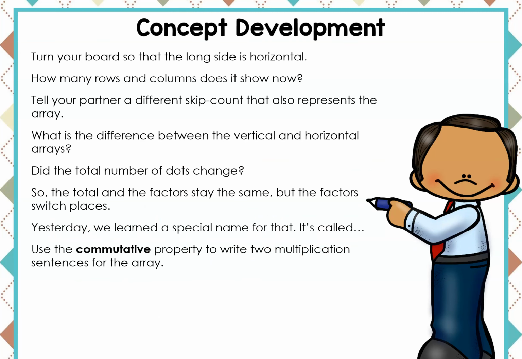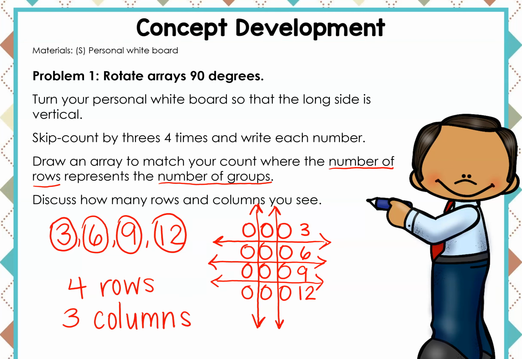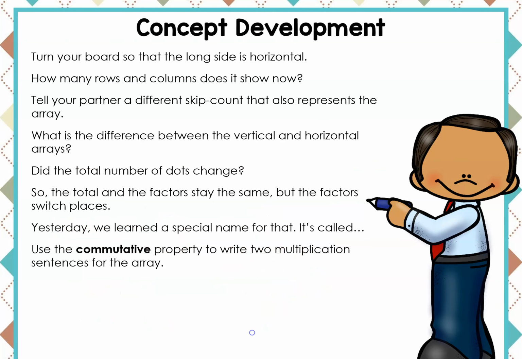Okay, so if we were to turn our array, then how many rows and columns would we see? Okay, so let's talk about that. So we had 4 rows and 3 columns, but if we turned our array, it would look like this. So let me draw it up here. So if we turned our array, it would look something like this.